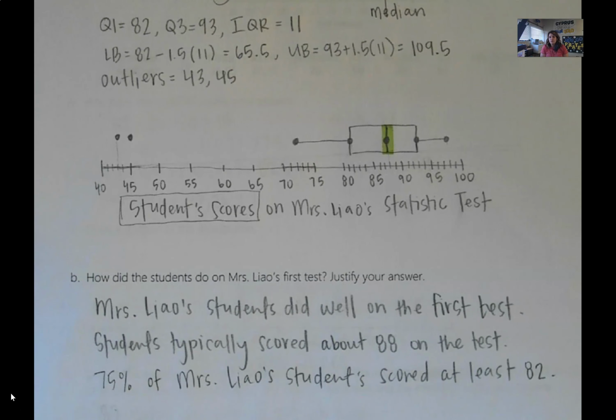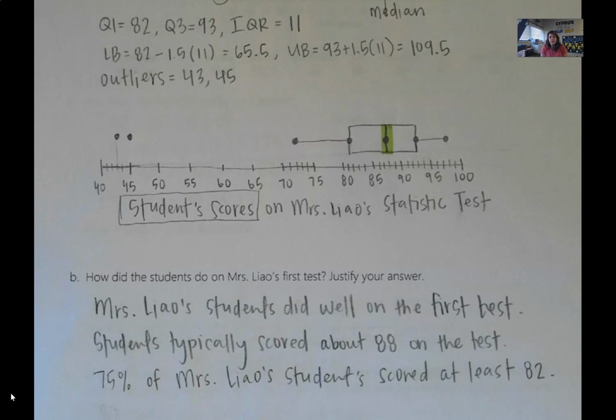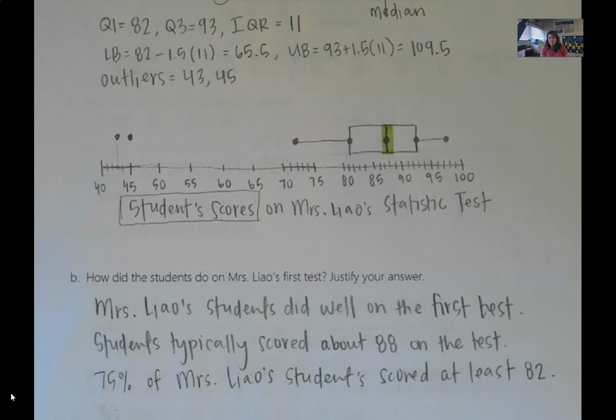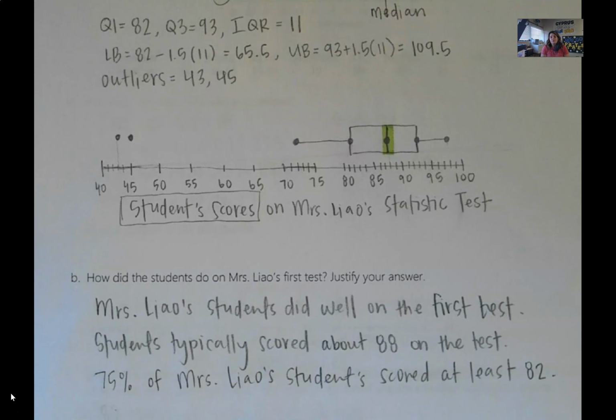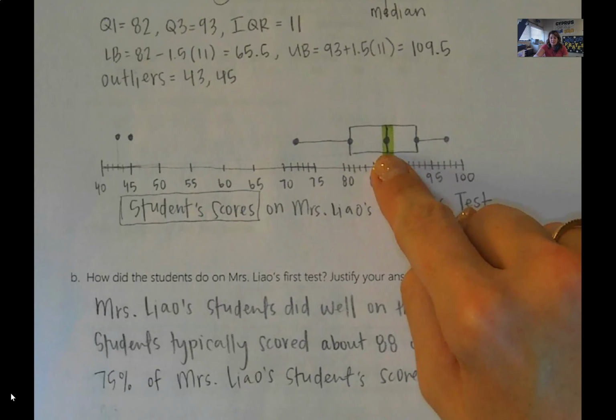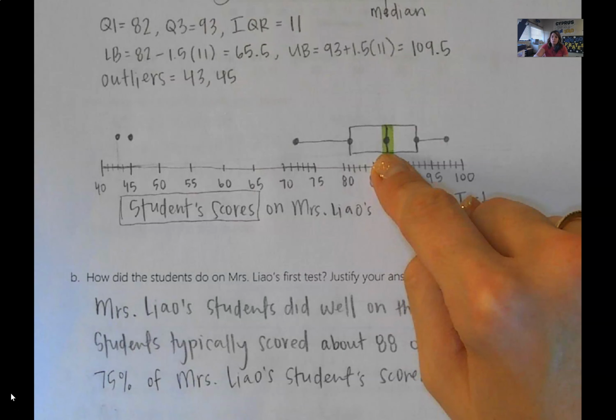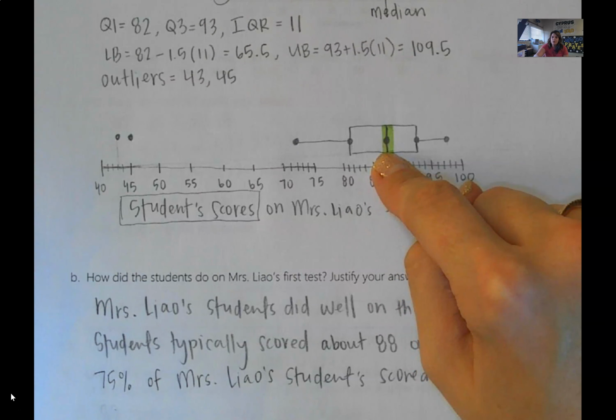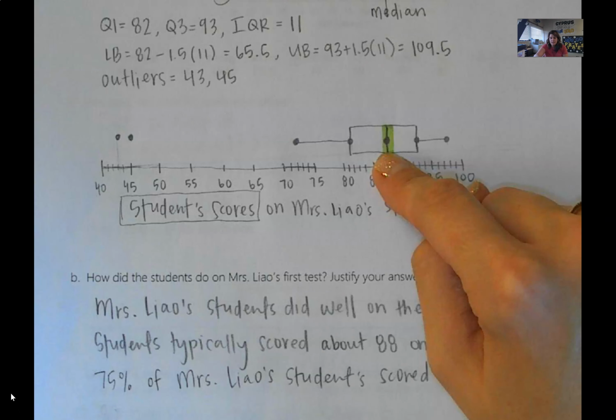One of the most important things you're always going to want to look at on any box plot is the median. Remember, the median tells you the typical observation, and if the box plot is symmetric, it gives you a rough estimate for what your mean is. So I know that because this box plot is roughly symmetric, my median and my mean are going to be about the same.